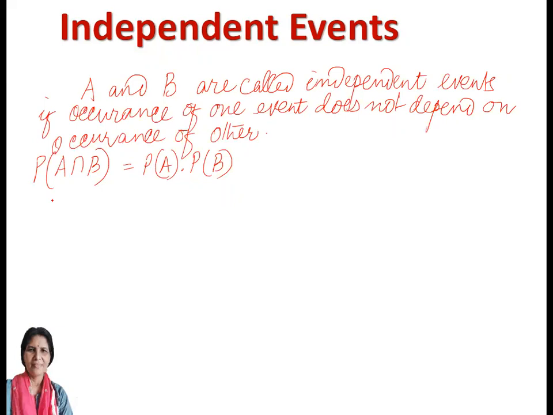Similarly, non-occurrence of them, B is not occurring, A is not occurring, they are also independent.